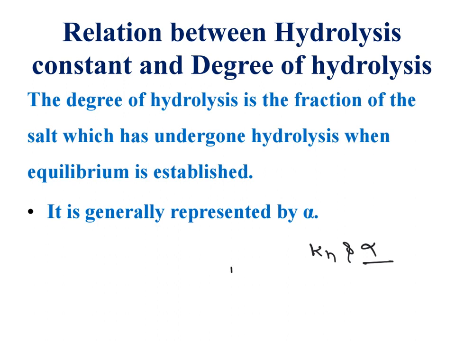If I take 1 mole of AB, at equilibrium, how much fraction of that 1 mole is involved in the hydrolysis? That we call the degree of hydrolysis. It is generally represented by alpha. Now we have to get a relationship between hydrolysis constant and alpha.